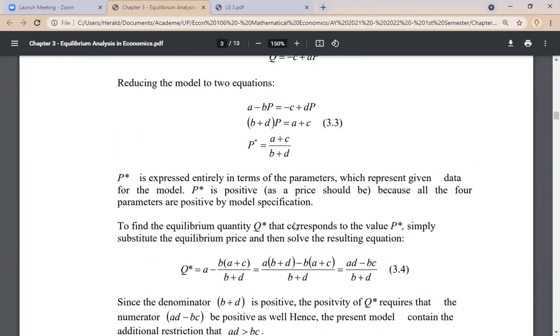I would not encourage you to memorize this equilibrium value. I wouldn't encourage you to just memorize P star and Q star, because later on in class this could change. So what am I saying? Why don't I want you to memorize? Because if you have numerical values, it is possible that you can just plug in the values in the formula here, since this is considered a formula already.